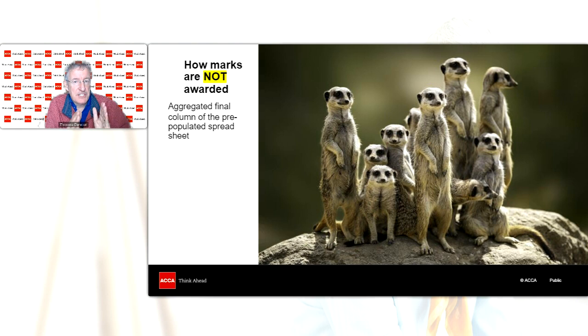One thing that doesn't earn you any marks is the aggregation of the final column in the pre-populated spreadsheet. Regurgitating standards, Libby, absolutely correct. Regurgitating standards won't really get there. Copy and paste of the scenario with no explanation. Writing but not answering the questions.